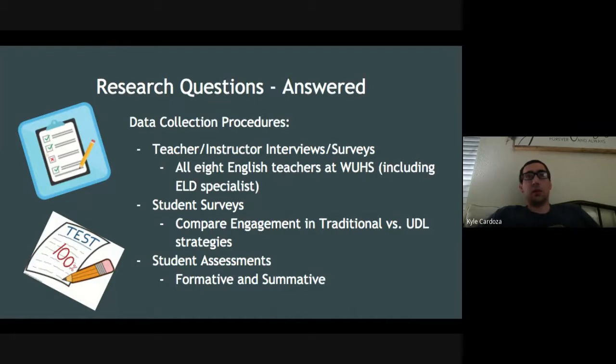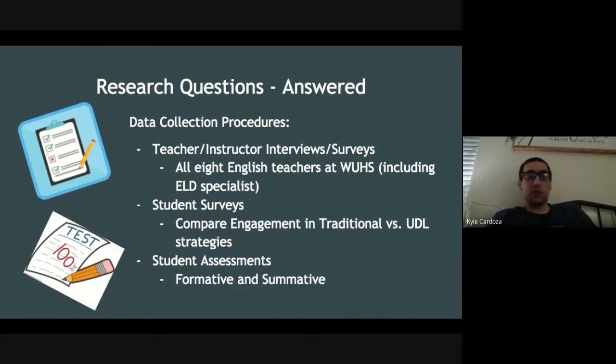So basically, all of the English language learners will have an opportunity to take part in this study, because at my school, they will all be in one English class in each semester. So we should be able to measure their understanding of academic vocabulary in all of their English classes. So that is how I plan on obtaining this data.